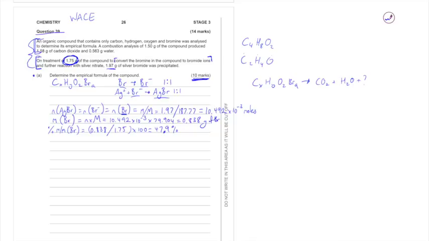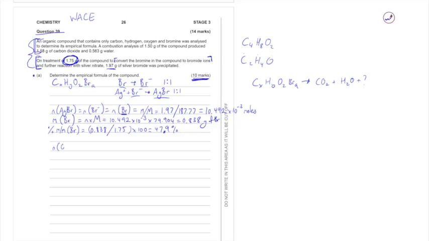Again, the key bit here to realize is that it's a 1-to-1 ratio that's essentially happening here. So what I'm going to do is work out, again, the percentage by mass of carbon and hydrogen within this compound. And these are steps that I'm going to have to do in order to get there. So first I'm going to have to work out the moles of carbon dioxide and the moles of water. I'm going to start with the carbon dioxide first.